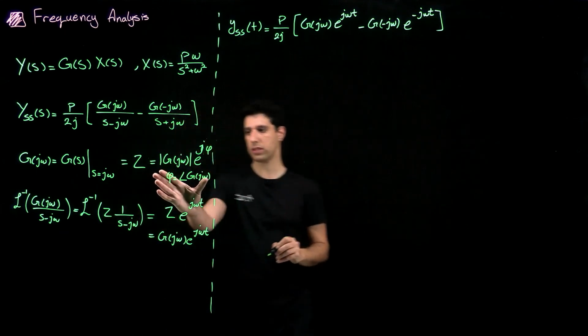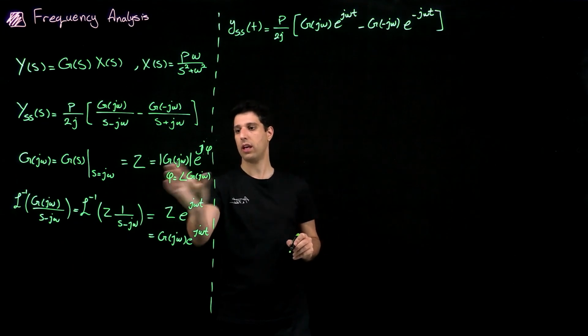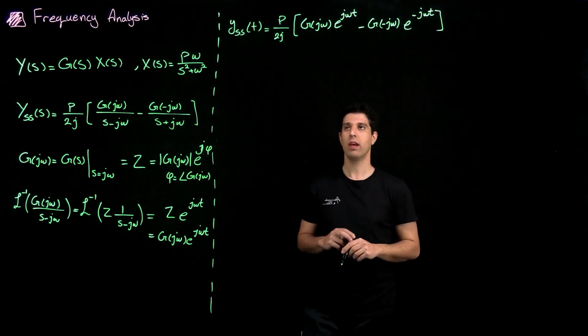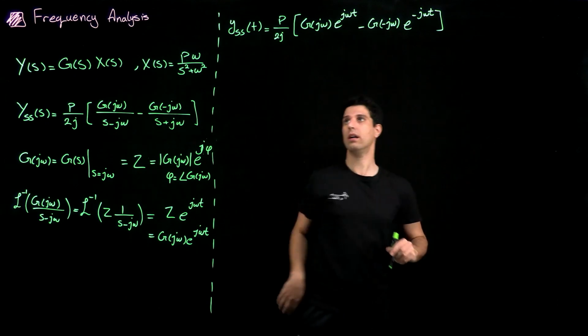So I'm just representing the same number in polar form, and I want to do that here.